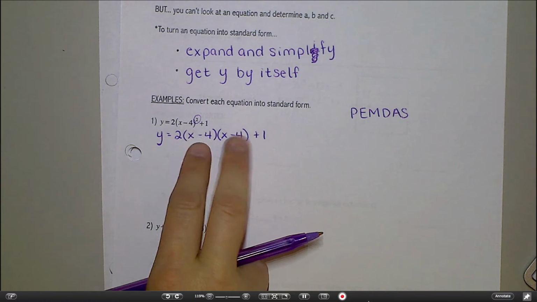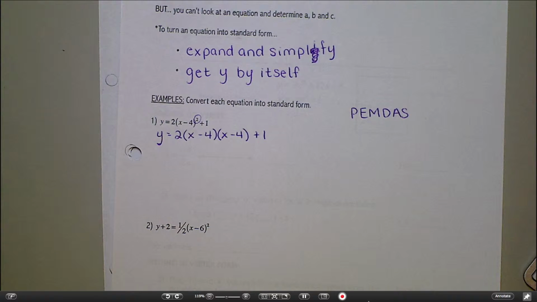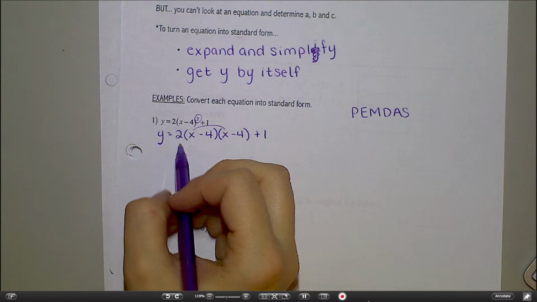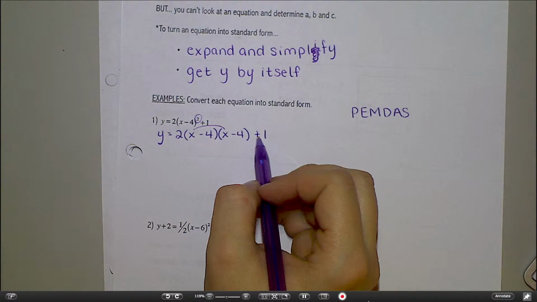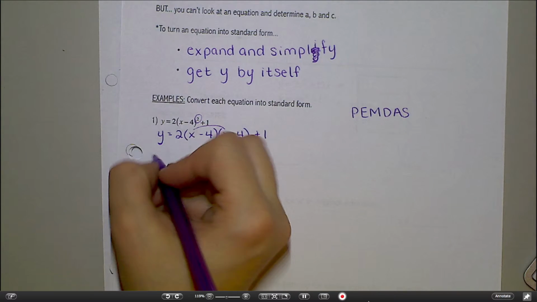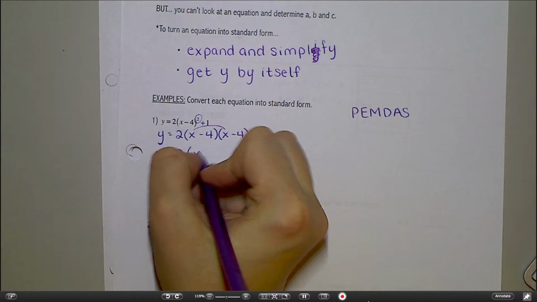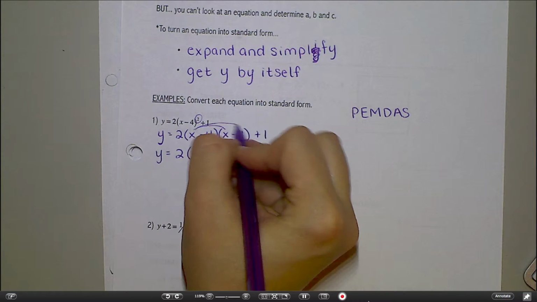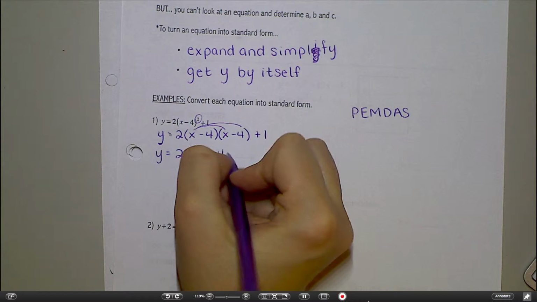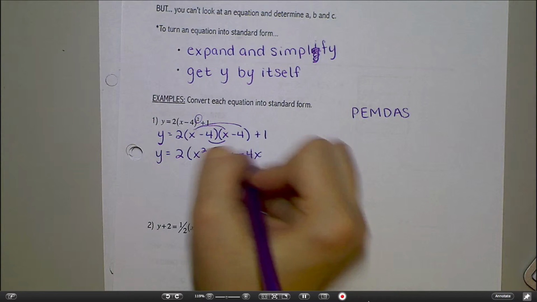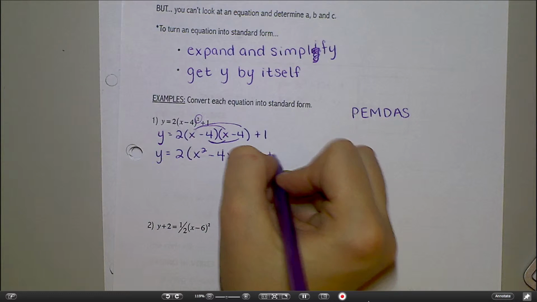Now how do I multiply those two parentheses together? FOIL. Yeah, this is what we talked about a couple of weeks ago. So FOIL these. Right now I'm ignoring the 2 and the 1. So y equals 2, and then this would be x squared minus 4x minus 4x, and negative 4 times negative 4 is positive 16.